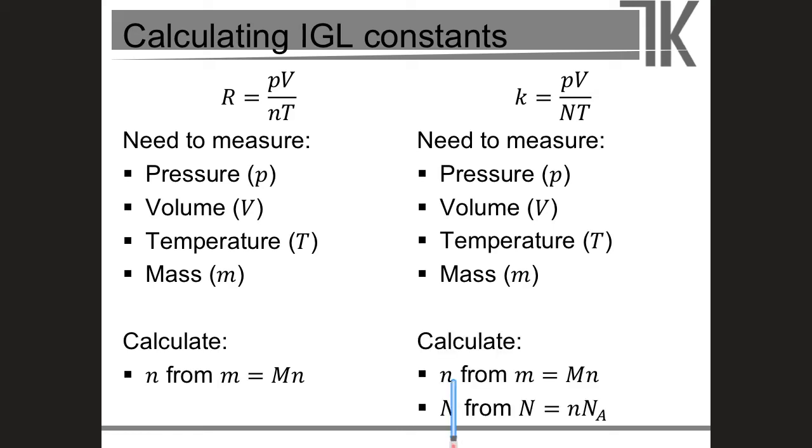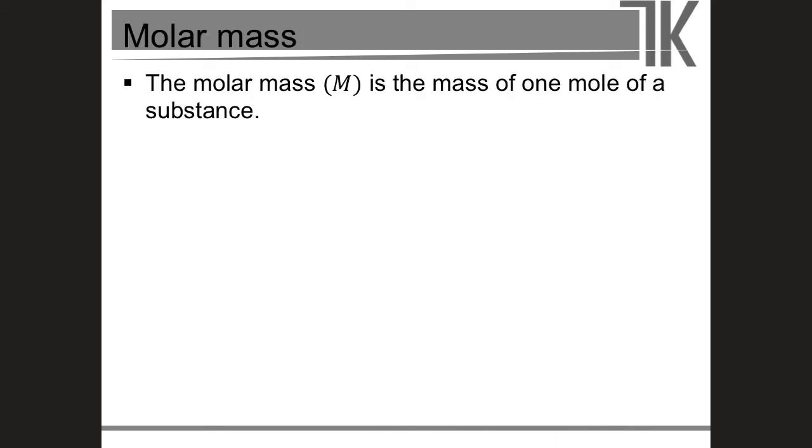And then from that, we can calculate the number of moles from mass equals Mr. Mole, and calculate the number of particles from the definition of Avogadro's number and our number of moles that we just calculated from our mass. So that capital M inside the equation is the molar mass, and that is the mass of 1 mole of a substance.